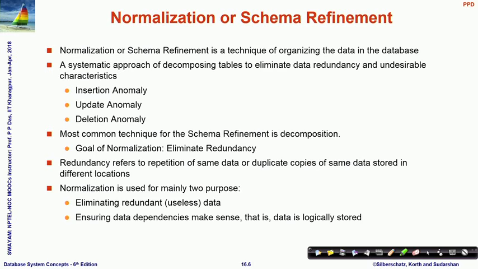The anomalies happen when there is redundancy in the data, and how much and what kind of redundant data there would be depends on the design of the database schema, on the normal form that we are using. If we have redundancy, there is potential for anomalies, and therefore we want to reduce the redundancy and get rid of the anomalies.